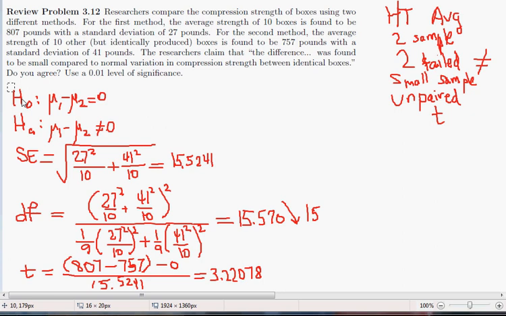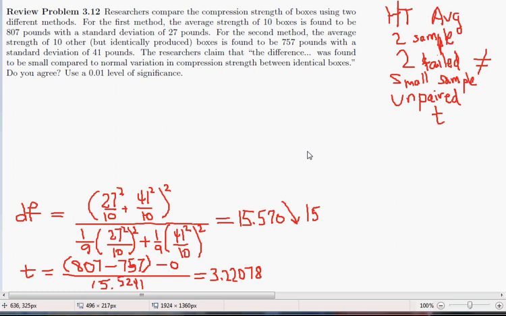Clear off a little bit of space on top here so we have some more room. The next thing we need to figure out is the p-value and the critical value. So first off, let's get the critical value. In this case, the picture is we have the t distribution with 15 degrees of freedom.